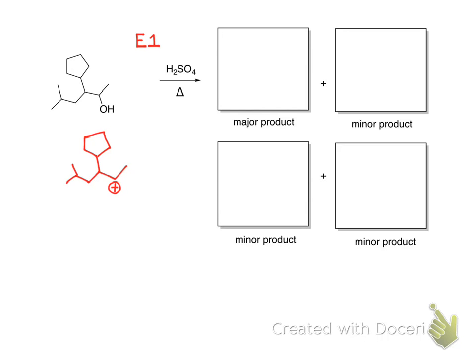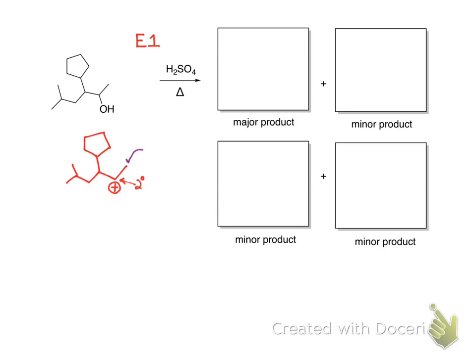Well, first we'd have a water leaving group, and then after it leaves, this is what our initial carbocation intermediate would look like. The first thing I like to ask myself is, is there a viable position for a hydride shift? So here again, this is a secondary carbocation, right? So we just want to see, is one of the neighboring carbons a better place for the positive charge?